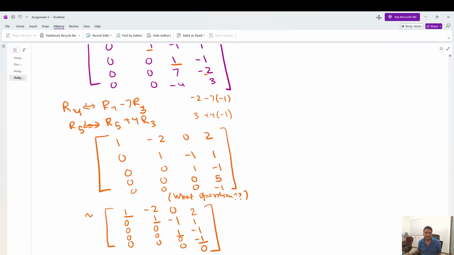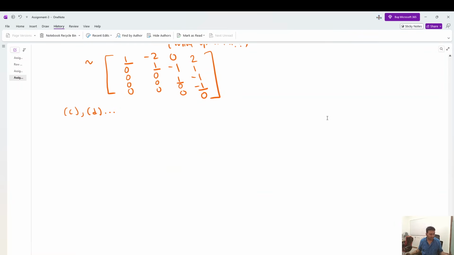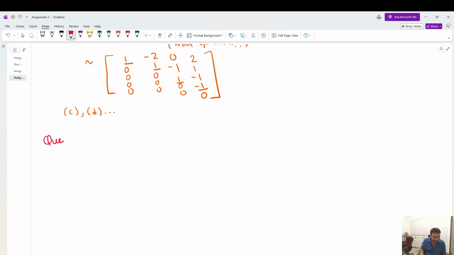Okay, so question 4. So you have given some systems here, and you have some A kind of thing involved there. You have to find the values of A when the system will have no solution, infinitely many solution, unique solution, these kind of things. Okay.